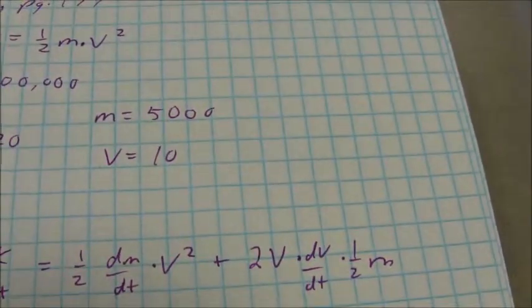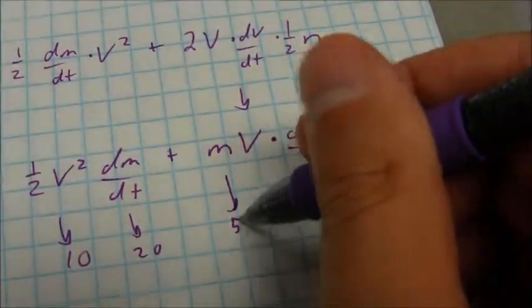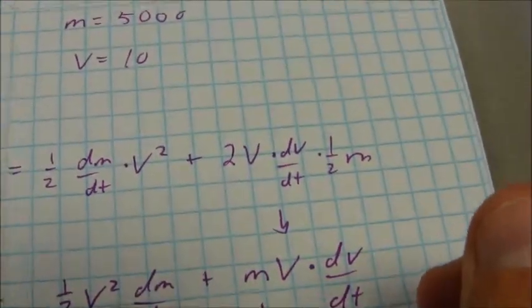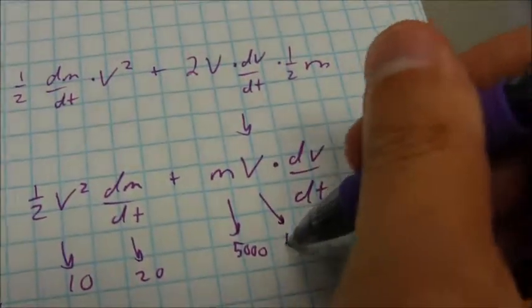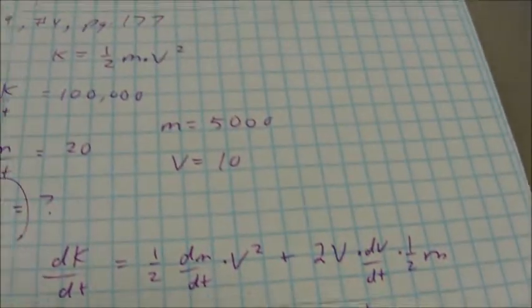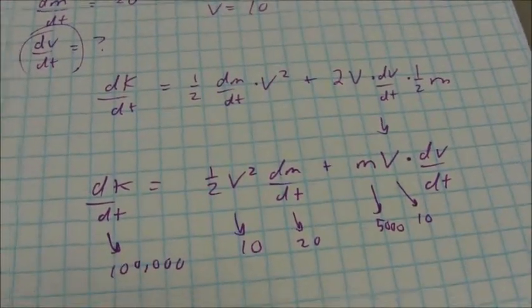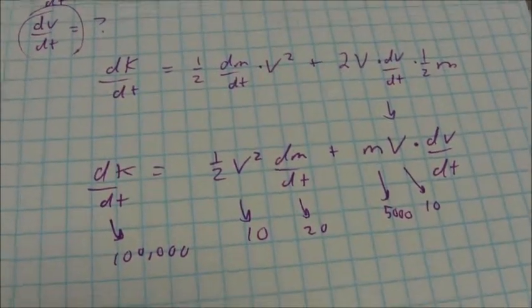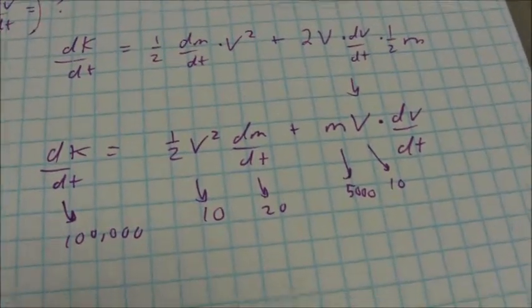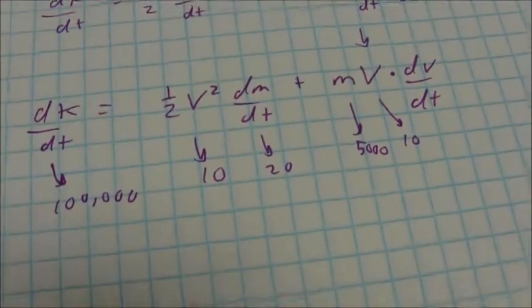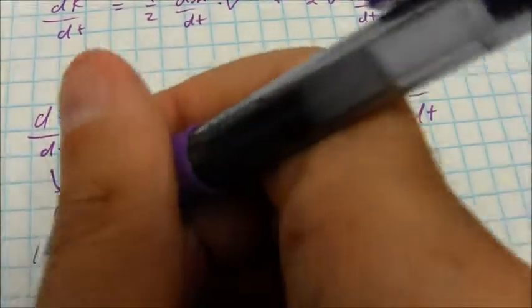I'm given a mass of 5,000. I'm given a velocity of 10. And I'm looking for dv/dt, and that's the only value that I haven't filled in. It is possible that you could have to solve for dv/dt and write this in terms of the variables first. So you can set this up various ways.